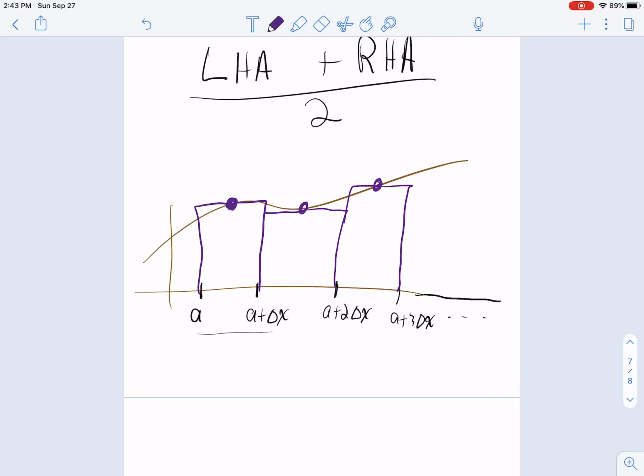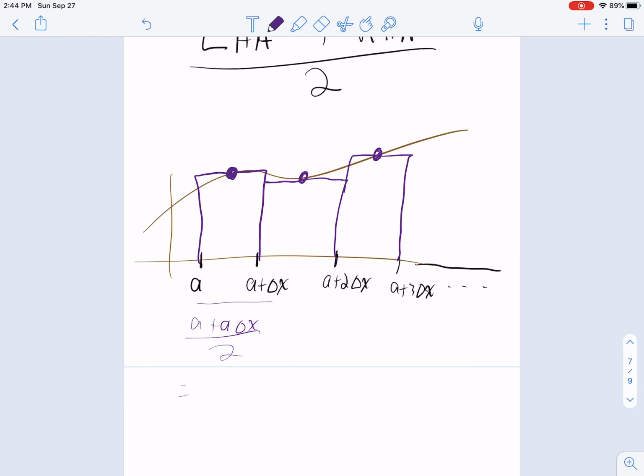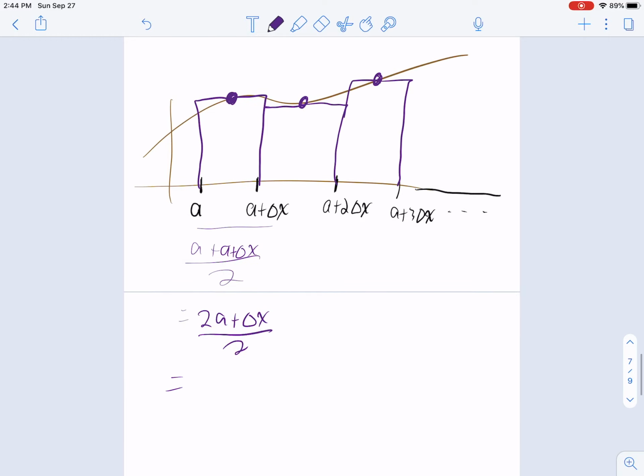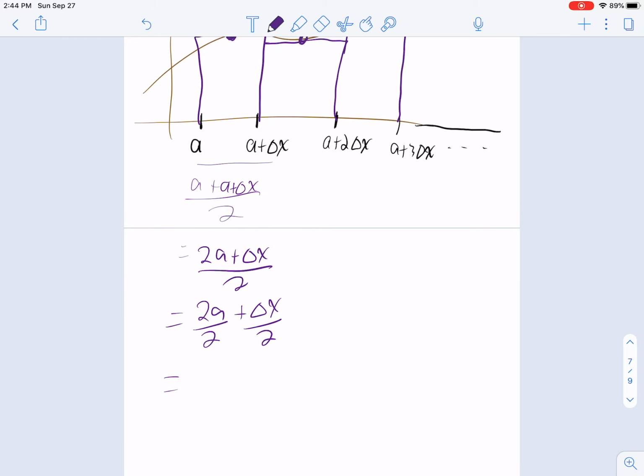The average of these two is going to be A plus A plus delta x over 2, which is equal to, miscopied, 2A plus delta x over 2, which I can rewrite as 2A over 2 plus delta x over 2, which is equal to A plus 1/2 delta x.